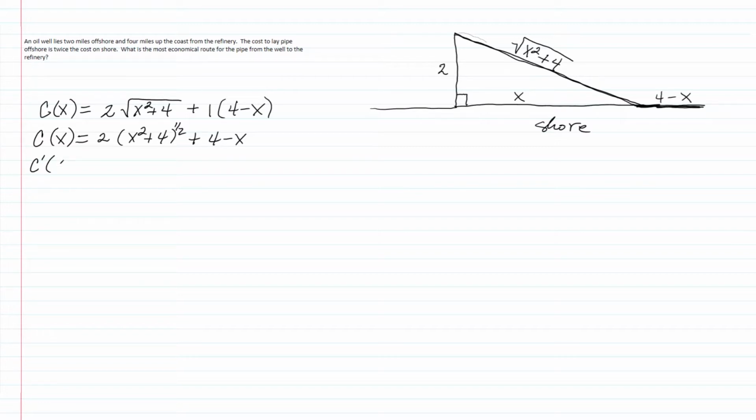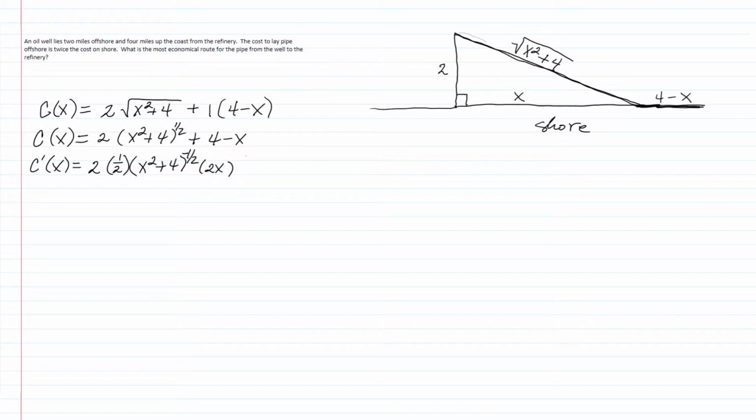So c prime of x then is going to be 2 times 1/2, we're bringing down the power 1/2, times x squared plus 4 to the negative 1/2. Okay, then the derivative of the inside, of course, is going to be 2x.